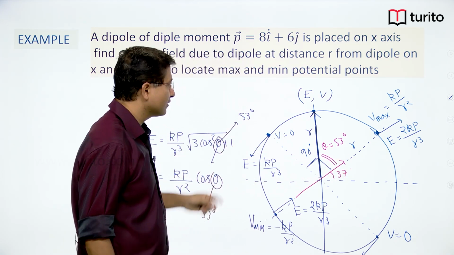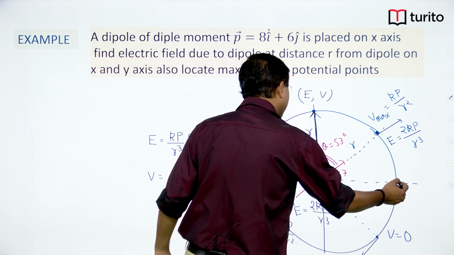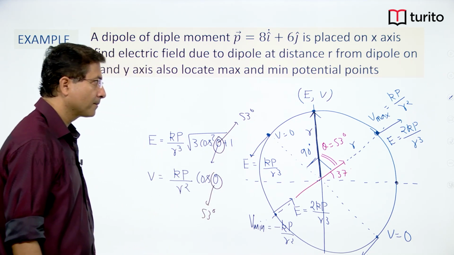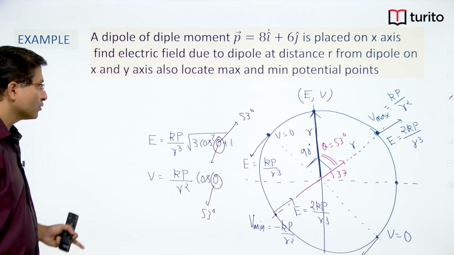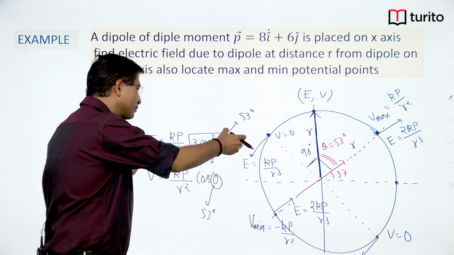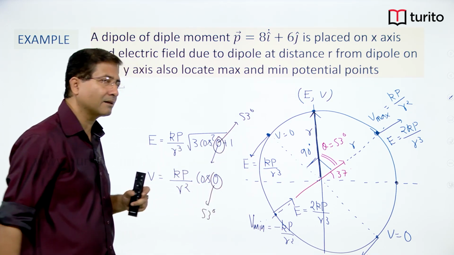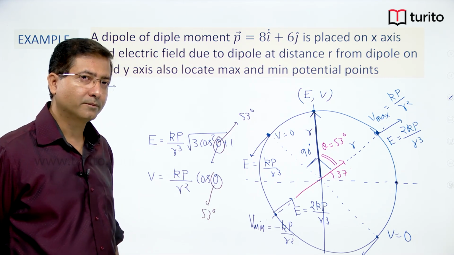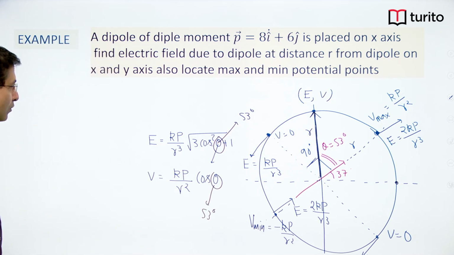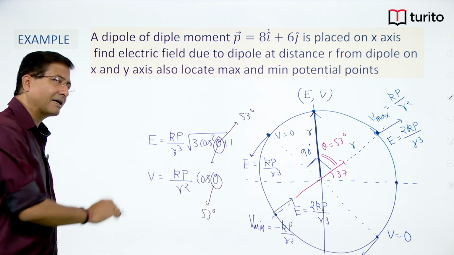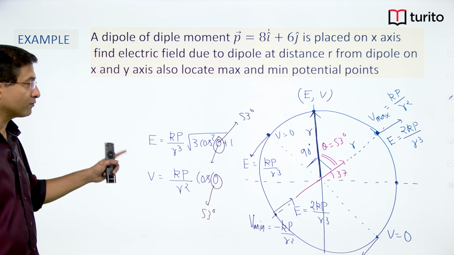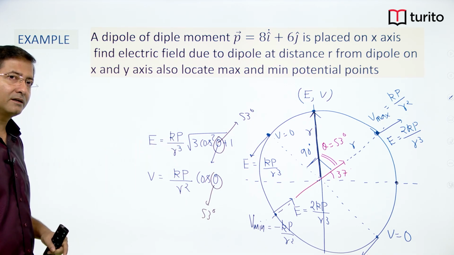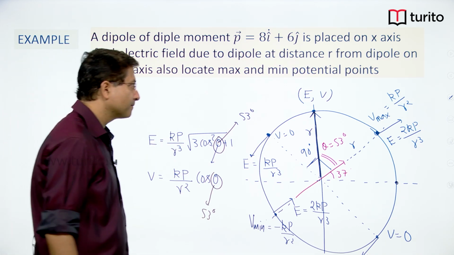So I can set for this point angle 37. So directly in the expression I will substitute the value of theta, and I will get the magnitude of field. But if you want to write in vector form, because this is just giving you magnitude, you have to apply the formula tan phi is equal to tan theta by 2 to get the direction at that point, or else we can do one thing.